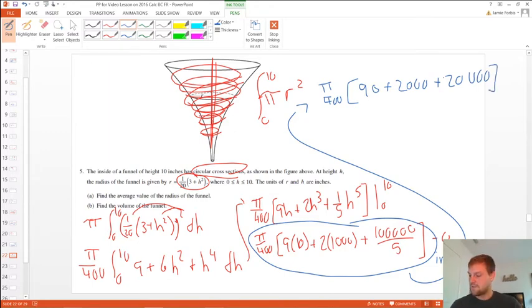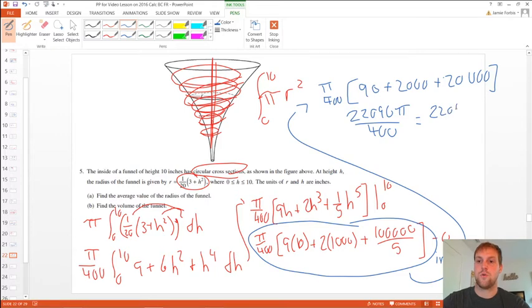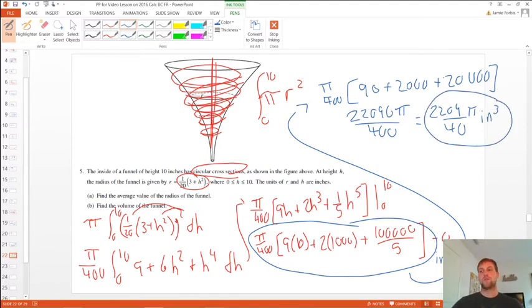If I combine that together, 90, 2,000, and 20,000 is going to be 22,090 pi over 400, which you can reduce by a power of 10. So it's going to be 2209 pi over 40 inches cubed. But if you left it in that first blue circle, you're fine. Just put inches cubed. All right, that's part B, finding the volume.